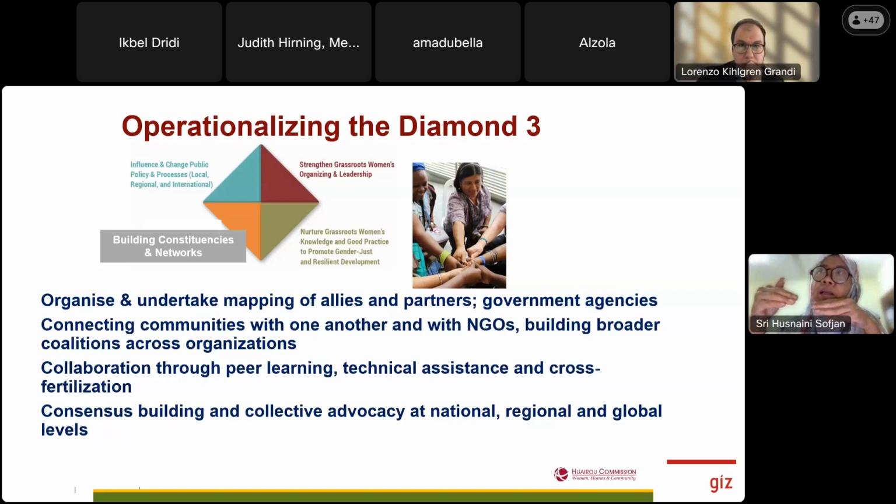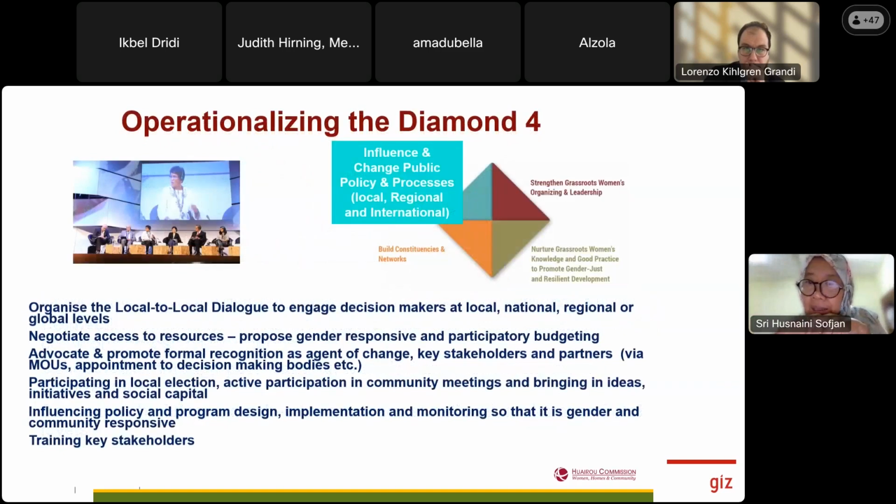The women became much more confident, and some of them ran in the election and were successfully elected. A few of them are at the ward level, a few are deputy mayors, and one of them is now sitting in parliament.